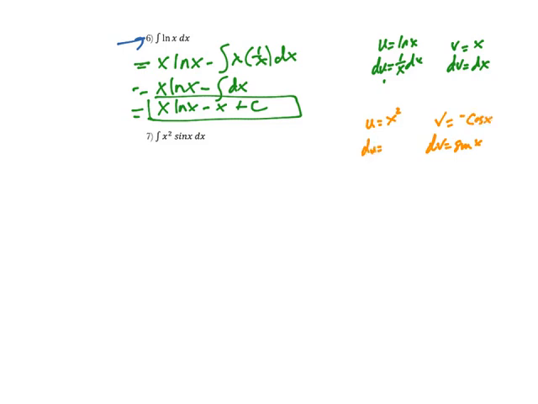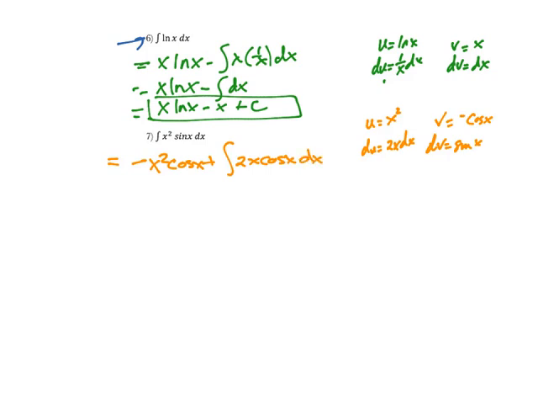And du would be 2x dx. So we have uv, so negative x squared cosine x, minus the integral of v du, but minus a negative cosine makes it plus the integral of v du, but that means it's going to be 2x cosine x dx.